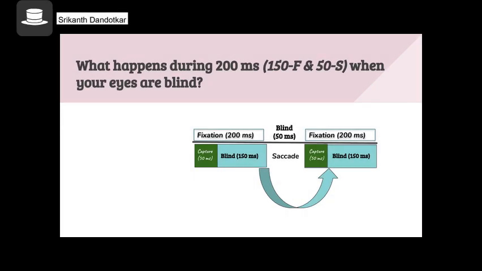So we said that your eyes are blind most of the time, 75 to 80%. Again, it depends on the length of the fixation. It's not exactly 200, it's 200 to 250 milliseconds, and if it's 350, then the number of cycles you have will change from 3 to 4. That's roughly 75 to 80, or 70 to 80%. So 70 to 80% of the time you are blind, and the remaining 20 to 30% of the time is the only time your eyes are actually capturing anything.